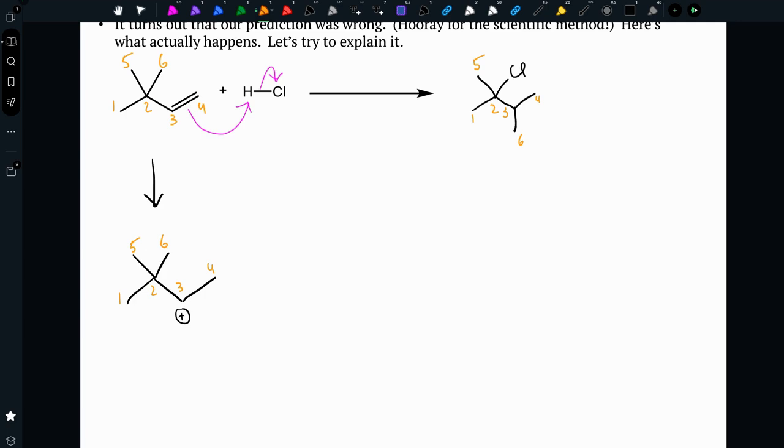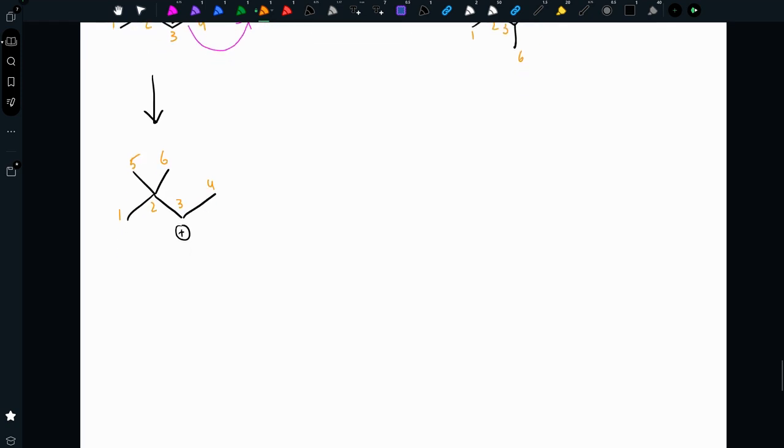Then I'm going to ask myself, why is it that we said we would make a secondary carbocation instead of a primary carbocation? And the answer was hyperconjugation. We know that the secondary carbocation is stabilized by hyperconjugation. So what that means, to reiterate, is that I have my carbocation.